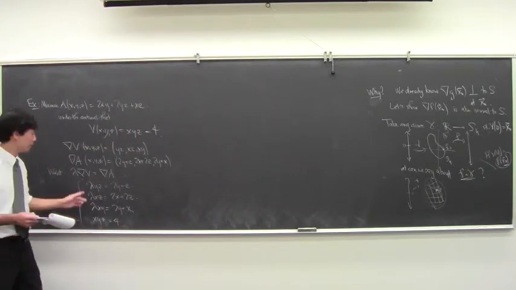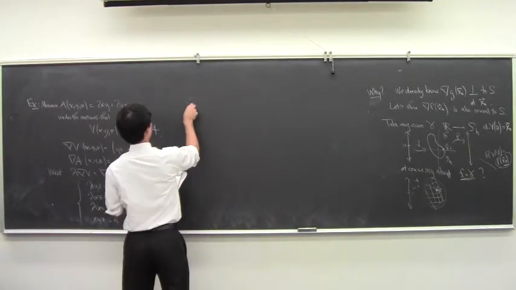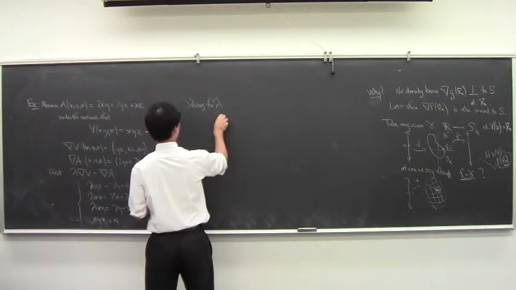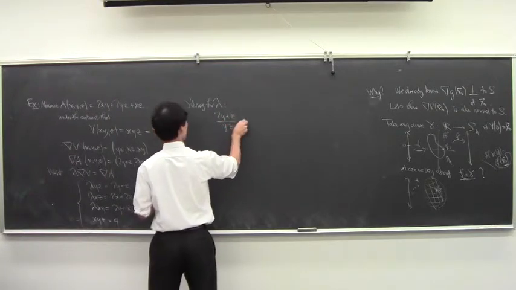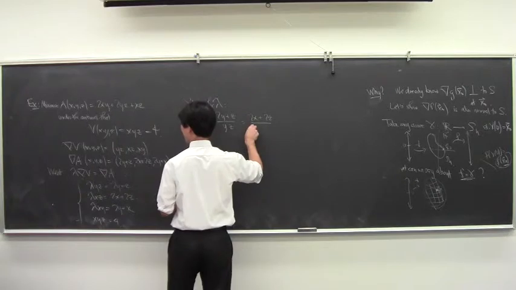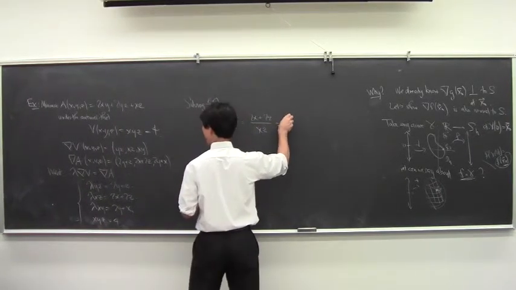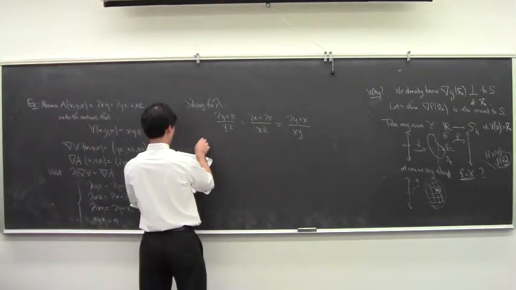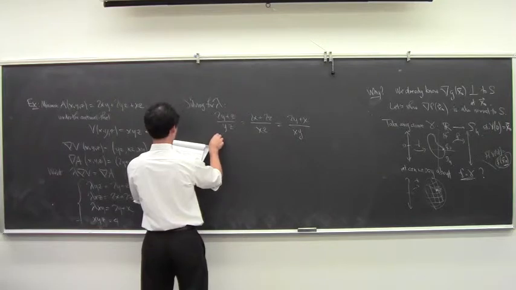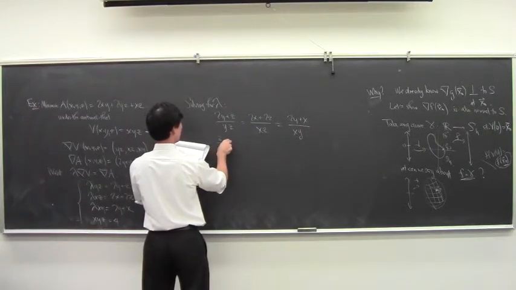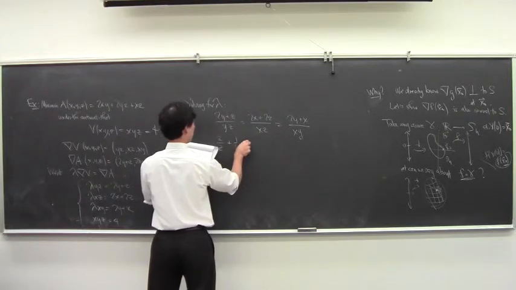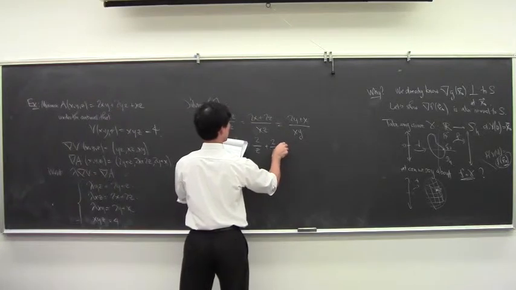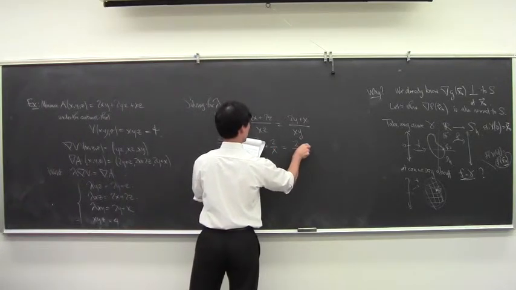So solving for lambda, we get (2y plus z) over yz equals (2x plus 2z) over xz equals (2y plus x) over xy. That's to say, we break it up: 2 over z plus 1 over y equals 2 over z plus 2 over x equals 2 over x plus 1 over y.